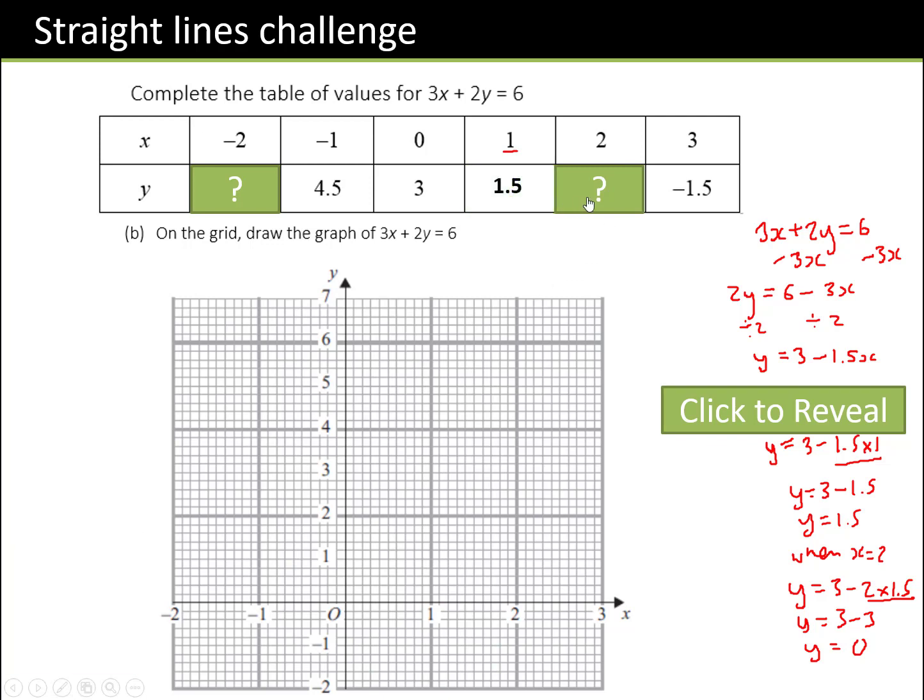And that's going to give you the correct answer. Can you see this pattern? What's happening in here? It's going by minus 1.5 each time.